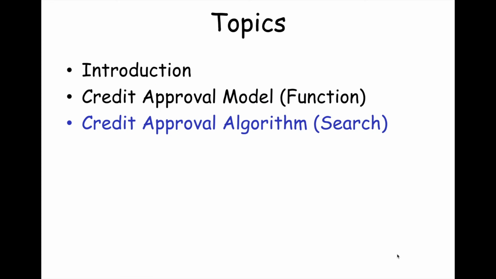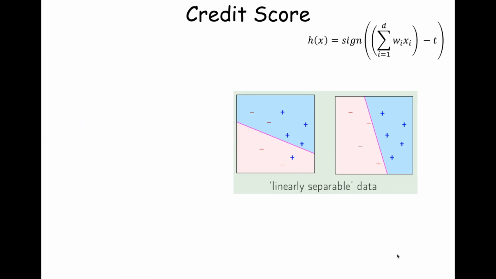Let's look at the way we do search. So this is our score here. This is our h of x, and h of x is unique depending on your setting of w. If we have a particular setting of w, that's w1 through wd, let's say it's all ones, for example, that's one particular hypothesis.